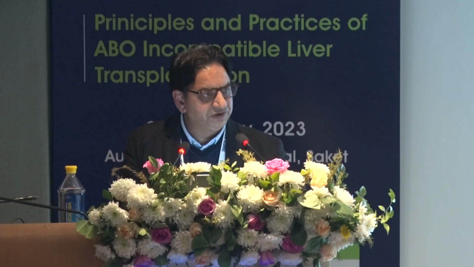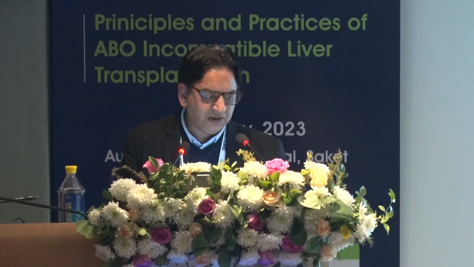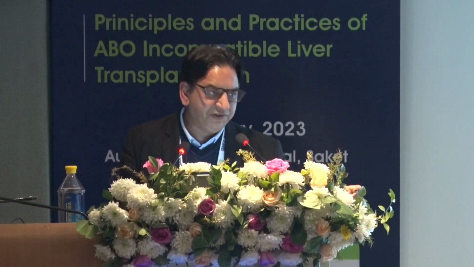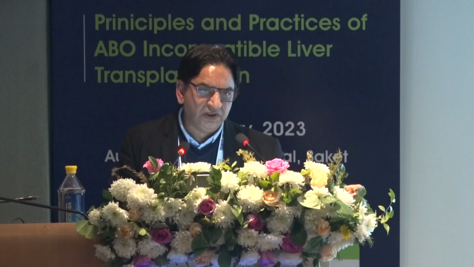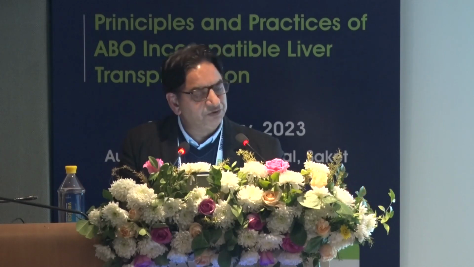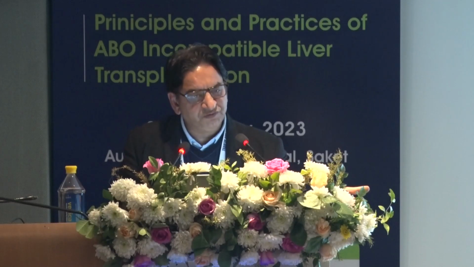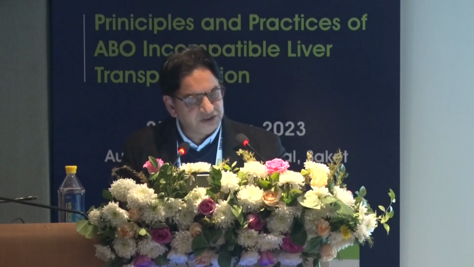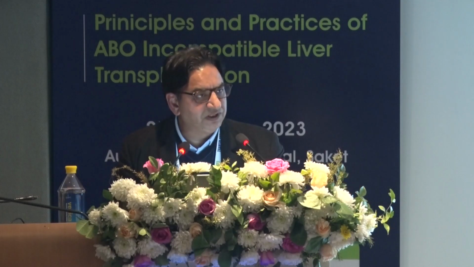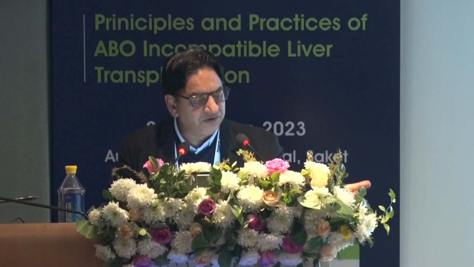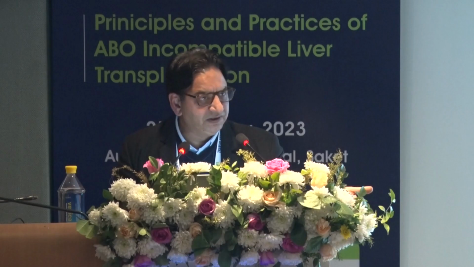So obviously you go with the titer and see, but if you didn't have enough time to give rituximab, like, you're planning to do the transplant for an ALF where you have already done a plasmapheresis. So we had a situation where we did transplant in an ALF, plasmapheresis was done as a routine protocol anyhow, the titers were low, so we went in and did the transplant.